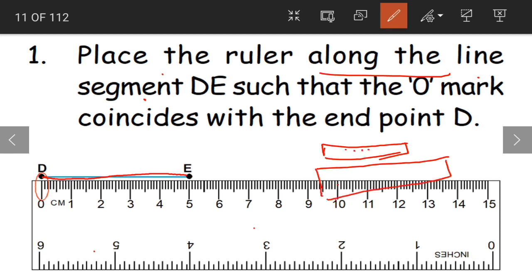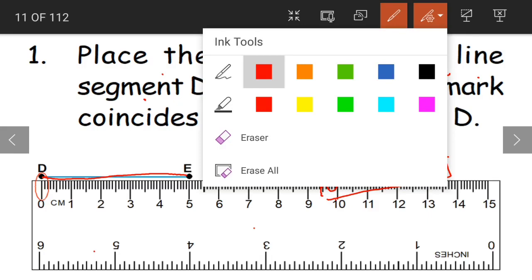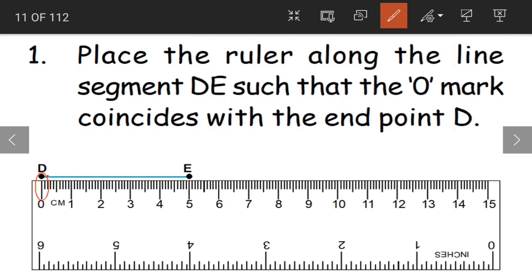We'll place the object along the scale so that one edge is at 0 centimeters. So in the same way, this is the line segment that is already drawn. Now we'll take our scale and place it such that the end point is coinciding with our 0 centimeters.